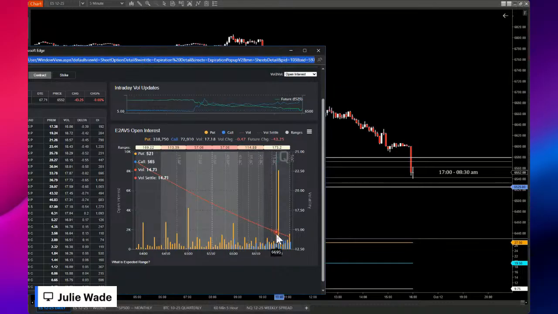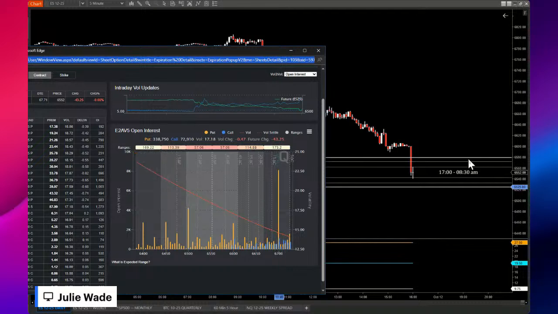See how the down volatility goes straight to the line. Volatility does not quite reach the 6,500 put. See how the put is below the volatility line? So much more probable that we'll reach the 6,700.